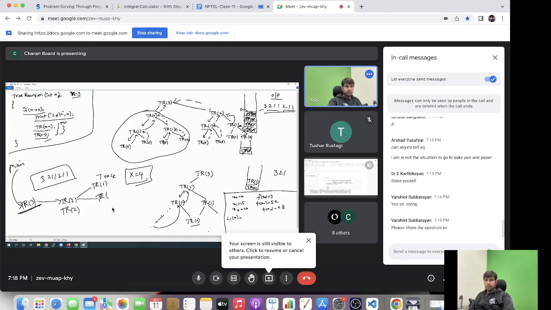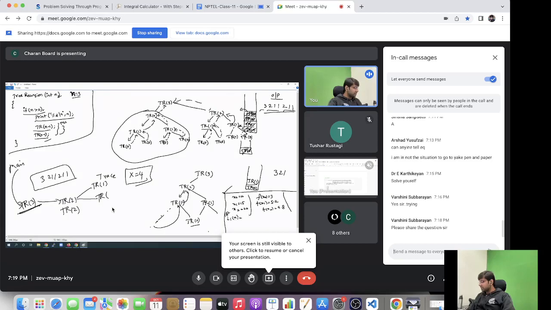I have shared it here, so you can see. x0, x1, x2 will be there, and f of x0, x1, x2 will be there. So what will be the L1 of x at x equal to 18? That is the question. Let us try to solve this one.